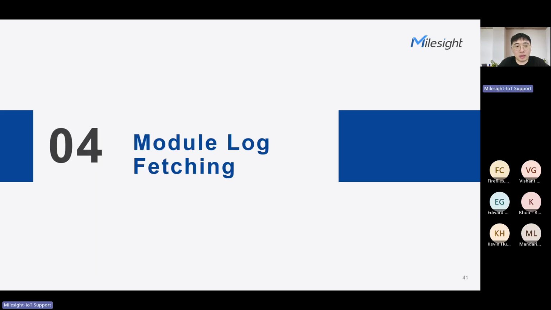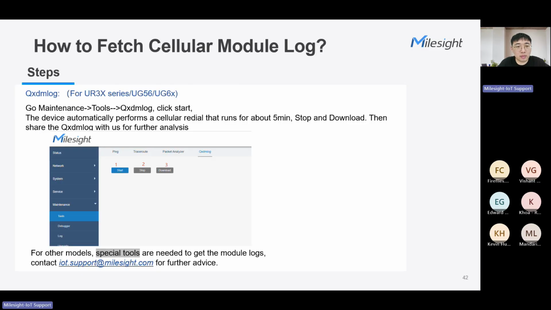Here comes the last part of today's session, how to fetch the module log. Actually, it is the easiest part of today. We only have one page talking about it. Our module log is named QXDM log.